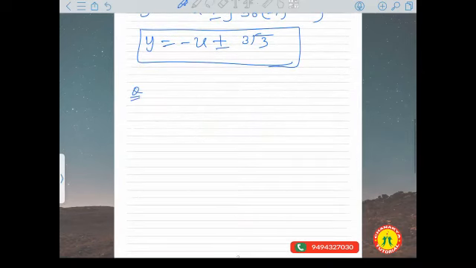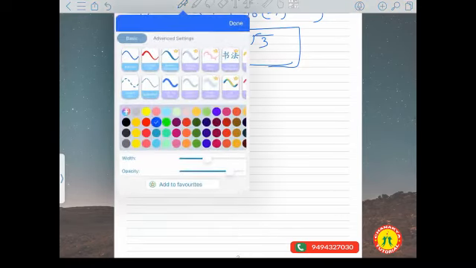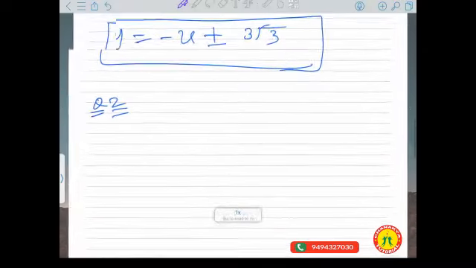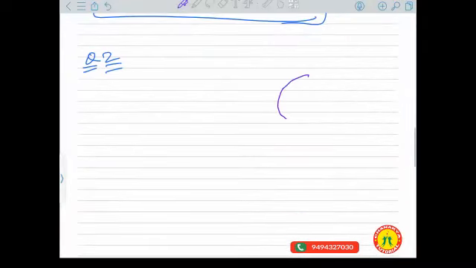Question number 2. Given is, from (6, 2) tangents are drawn.